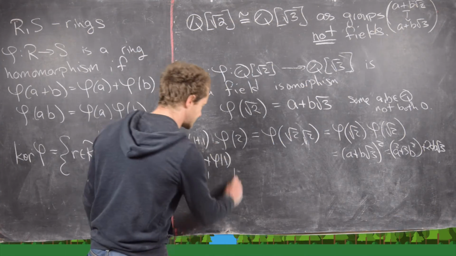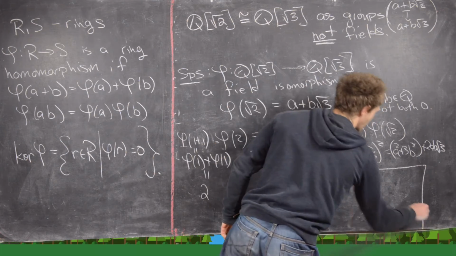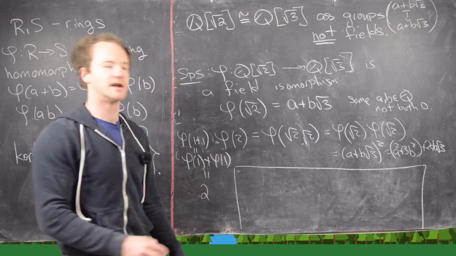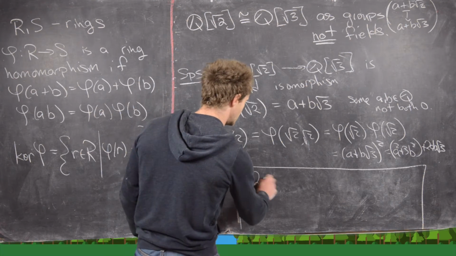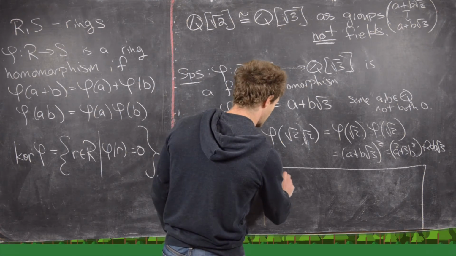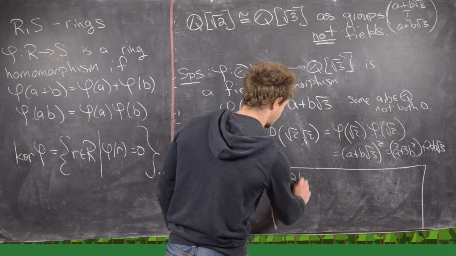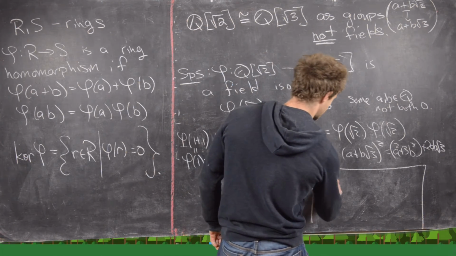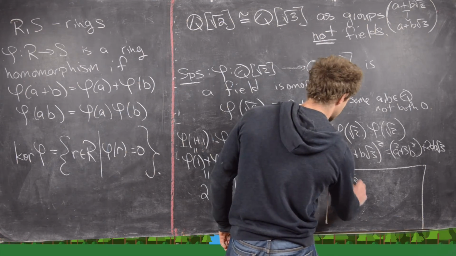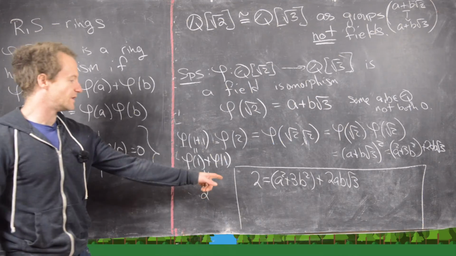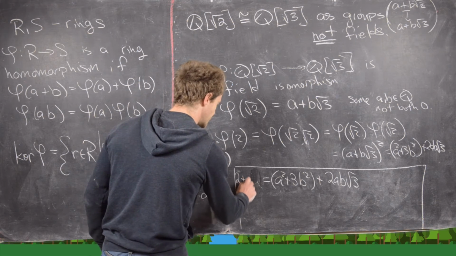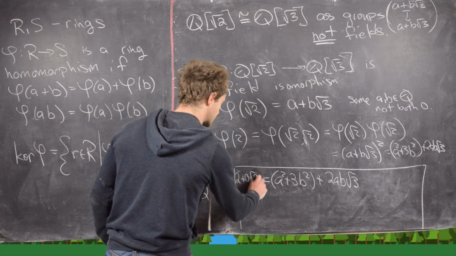So notice that we have our extreme left-hand side and our extreme right-hand side. We have 2 is equal to a squared plus 3b squared plus 2ab times root 3. But notice that I'm going to erase this 2 over here and rewrite it as 2 plus 0 times root 3.